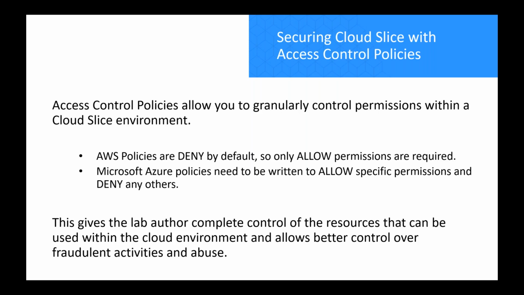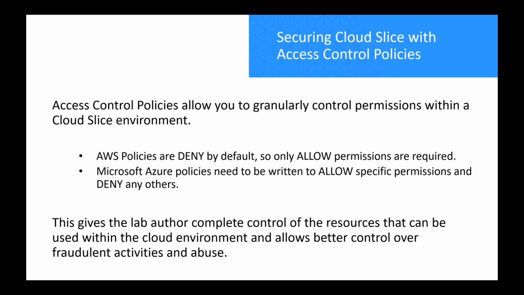One of the things that we want to make sure of is that we have the ability to control exactly what services and features of that cloud platform the student can use. And one of the things that we want to do as a best practice here is to use the principle of least privilege. You should only give the user access to the resources that they need specifically to accomplish the task at hand.